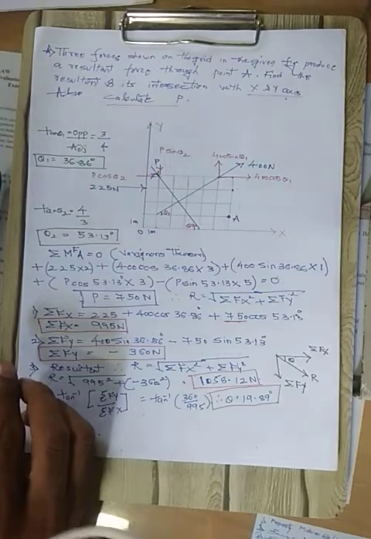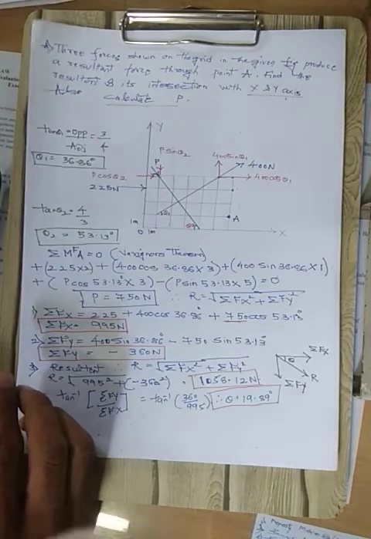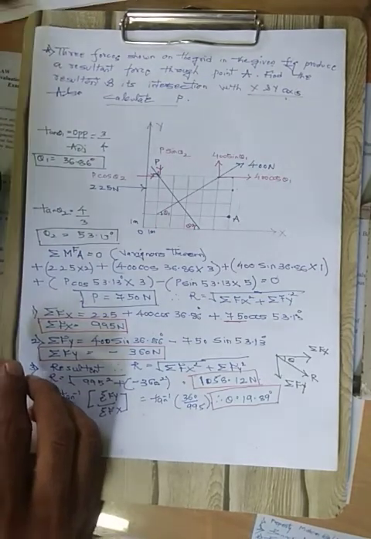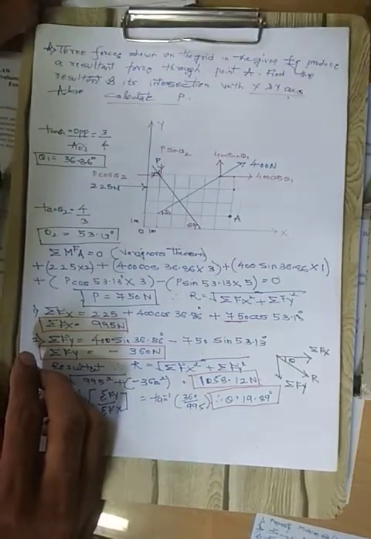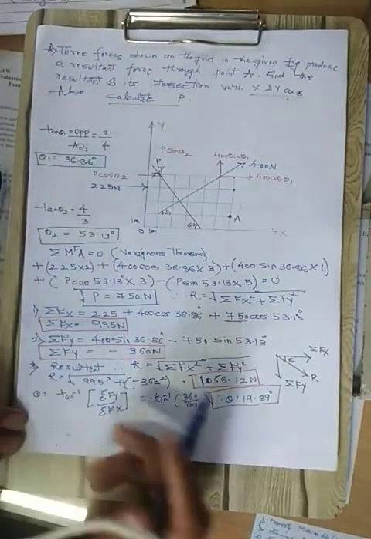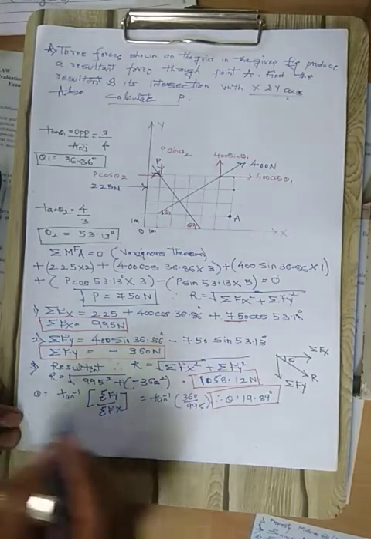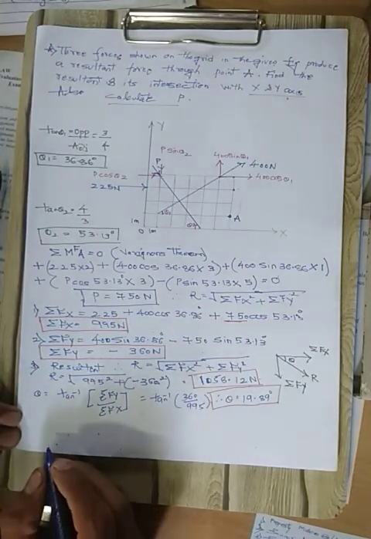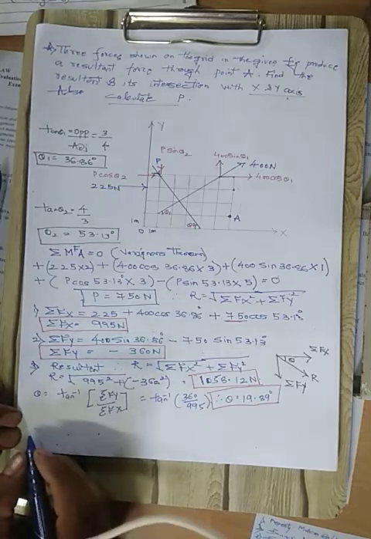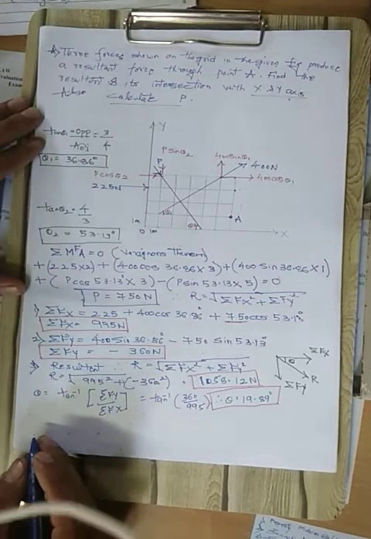Next, importantly, we have to find the x and y intercept for this resultant. Again we have to use the Varignon's theorem for this. To find the x and y intercept, we have to use the Varignon's theorem.